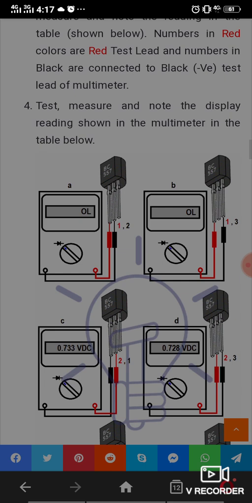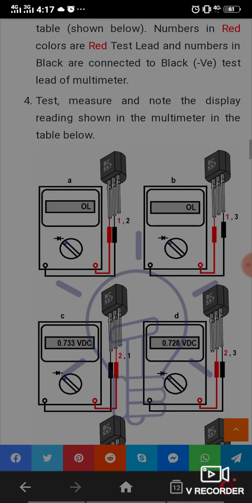So in this image the transistor is BC 557. The red and black probes show 0 volts in diode or continuity tester, and the 1-2-3 leg is displaying overload.